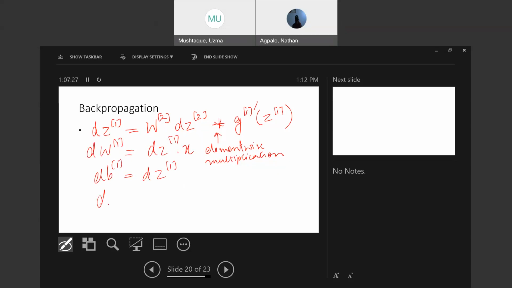There's a dA L as well, right? So dA1 is W L times dZ L, right? These are the only 4 equations that you'll be computing when you're calculating the gradients in every layer. And these are the gradients that you're passing, because eventually you need this and this to make your update in your gradient descent, right?